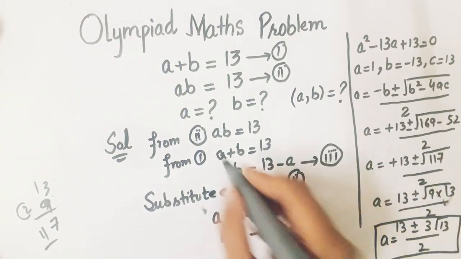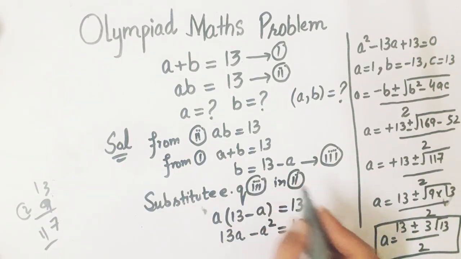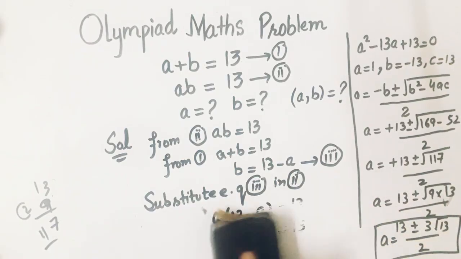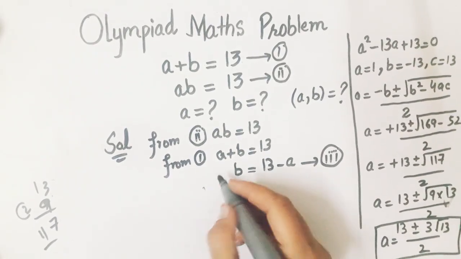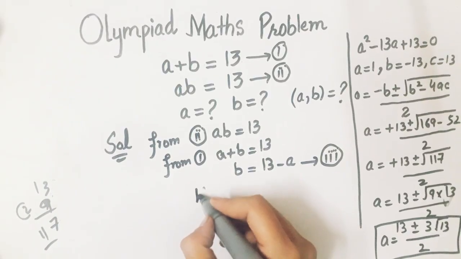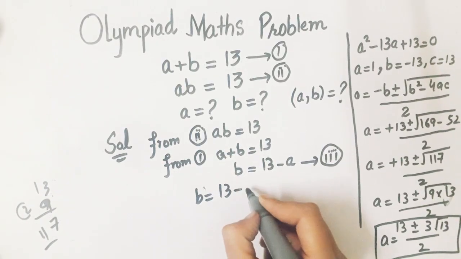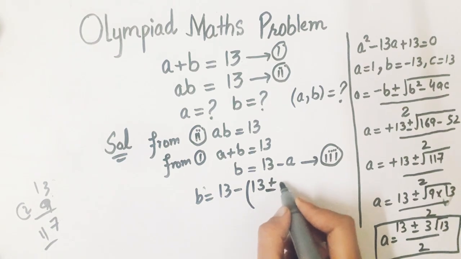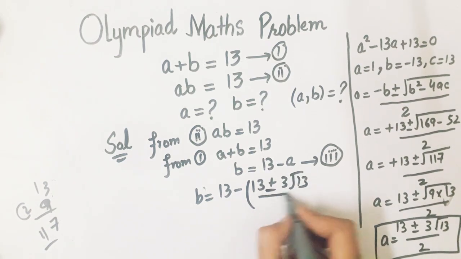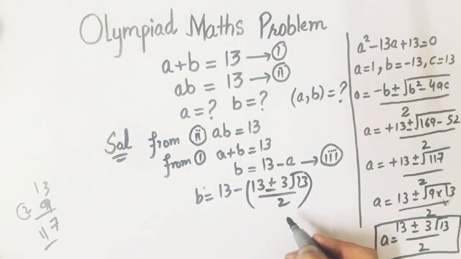Similarly, we will get the value of b from this equation. So we get b equals 13 minus a, that is 13 minus the quantity 13 plus minus 3 root 13 divided by 2.